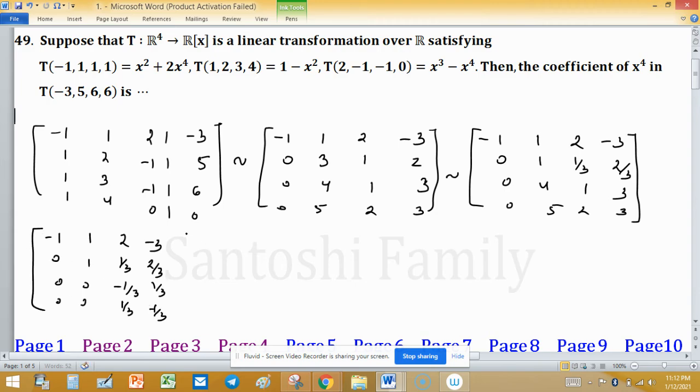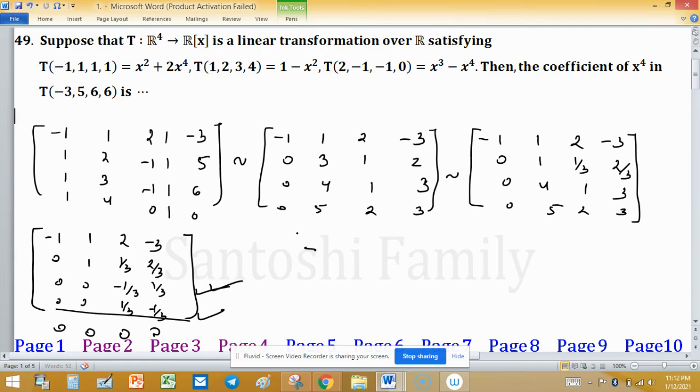This is the last equivalent matrix, and these two rows are scalar multiples, so adding the last two rows gives 0, 0, 0, 0.